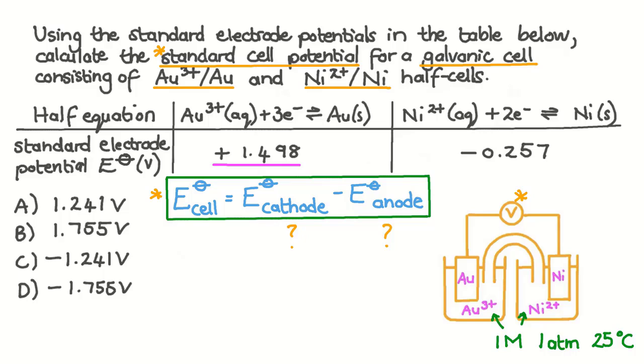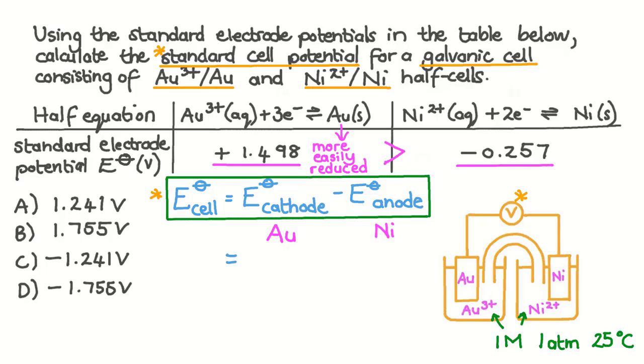Gold's value of 1.498 volts is bigger and more positive than nickel's value of negative 0.257 volts, telling us gold is more easily reduced than nickel. Therefore, gold will be the cathode, and nickel the anode.